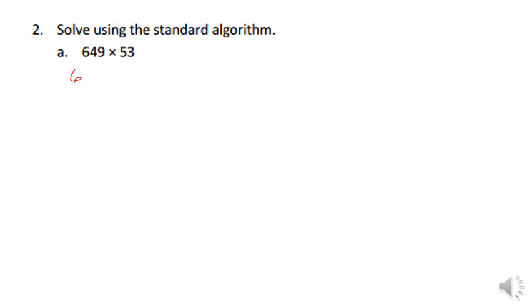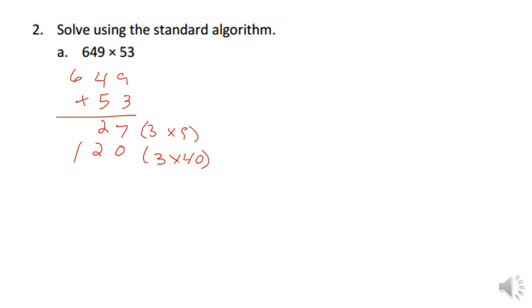Okay, so we're going to start off with our standard algorithm with renaming, 649 times 53. And we're doing the partial products, so we know this is 3 times 9, which is 27. And then we got 3 times 40, which is 3 times 4 is 12, and 0 is 120.